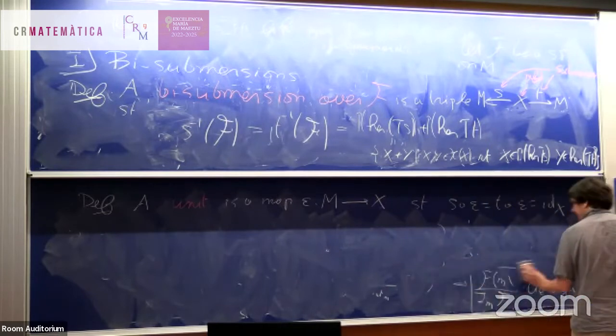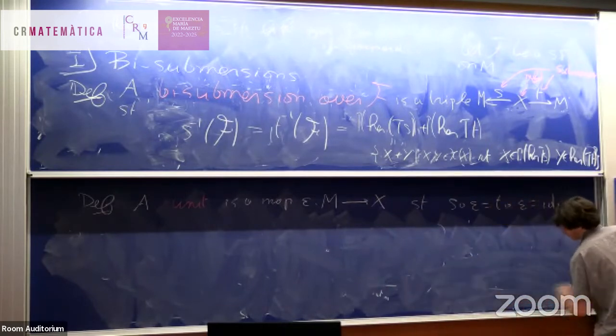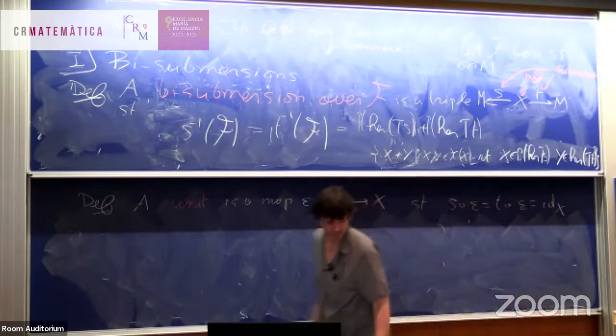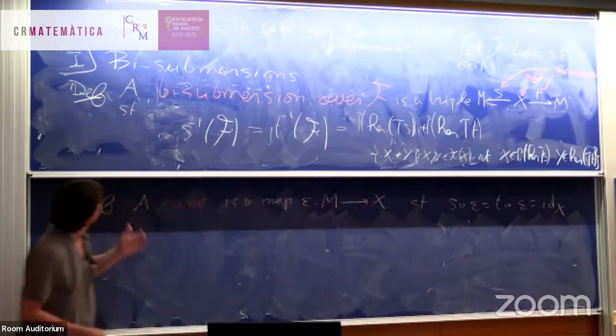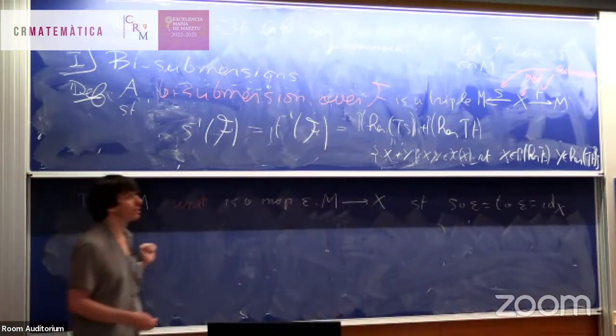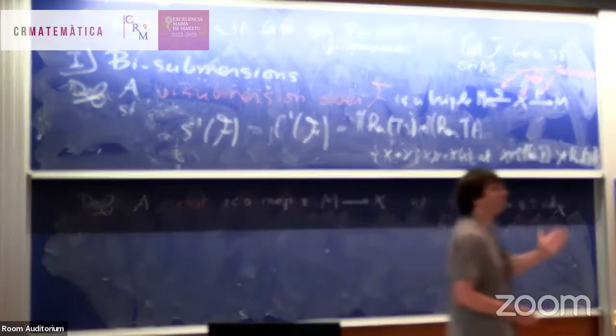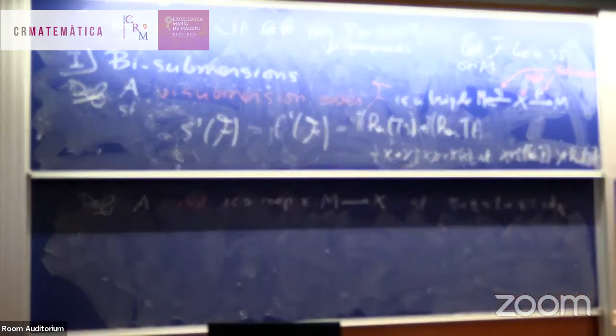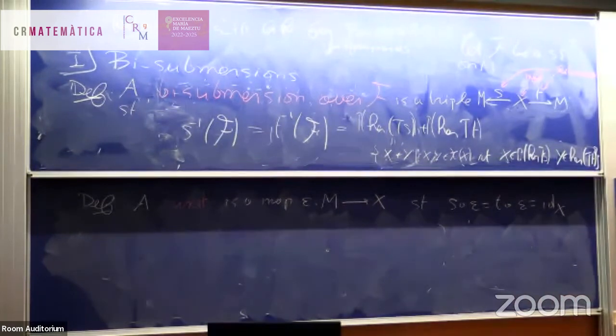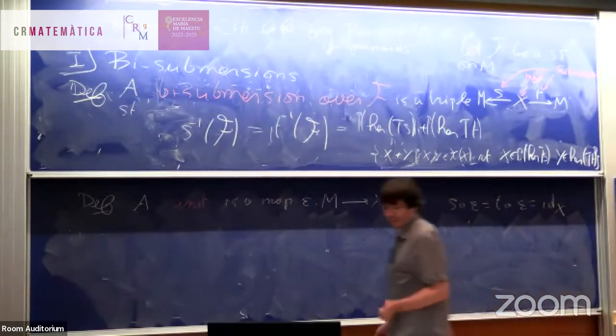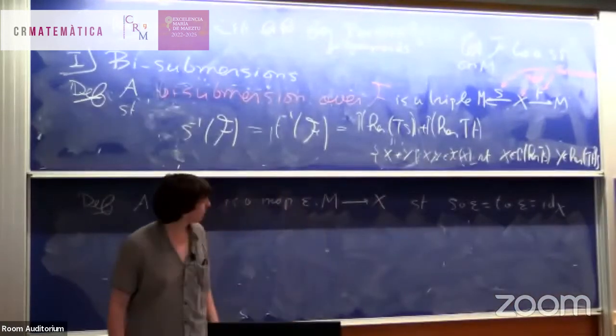Well, it may not exist, but I can define it. So if I have a bisubmersion which has a unit, it's more and more like a Lie groupoid. You have source, you have target, you have a unit. But you don't have the product. So it's similar, but still quite different.